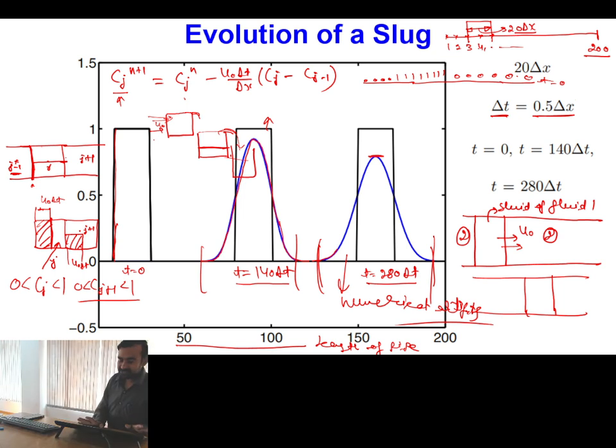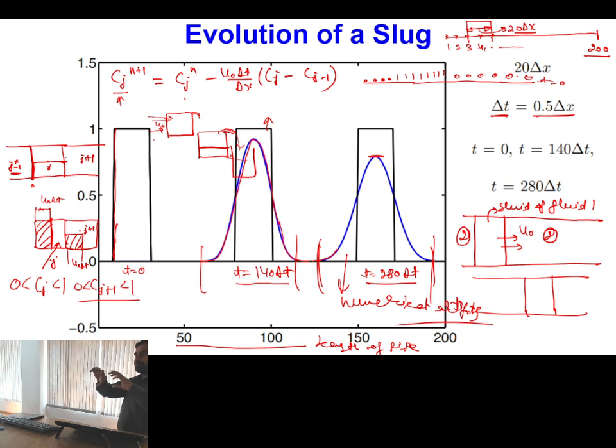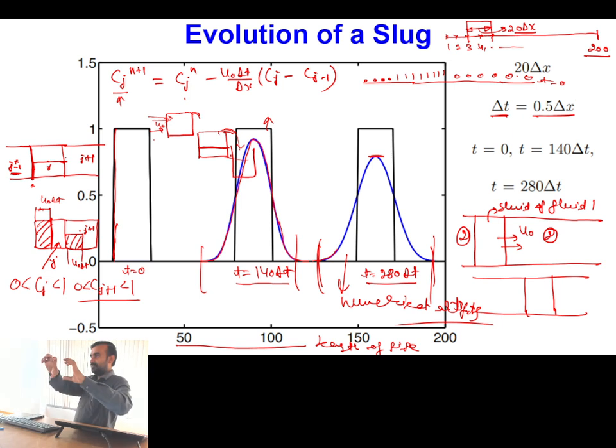So it means that even for a very simple scenario, if I use the upwind scheme, which works perfectly fine for single phase flow, it gives a significant amount of error. The reason is very simple. Whenever you apply the upwind scheme for single phase flow, this cell is filled with the same type of fluid, and the other is also filled with the same type of fluid, so only the momentum of the same fluid is transferring across the cell boundaries.